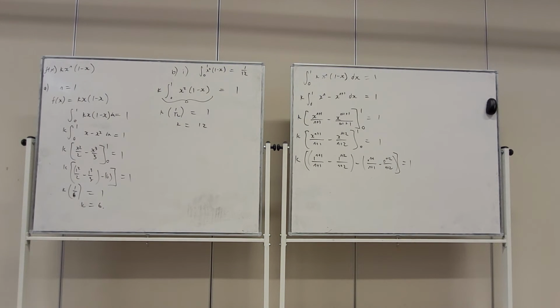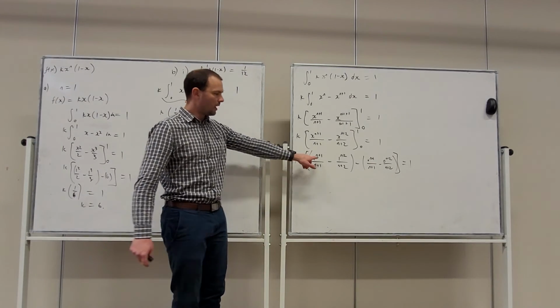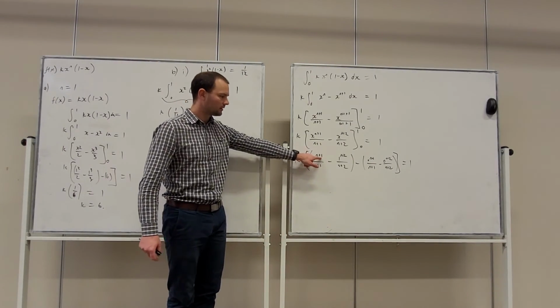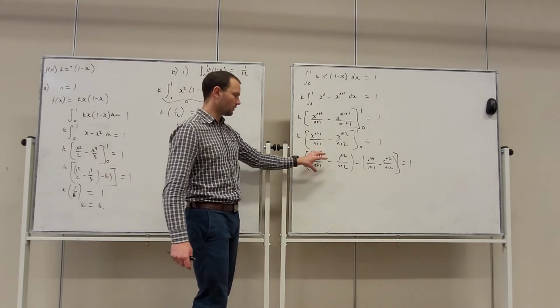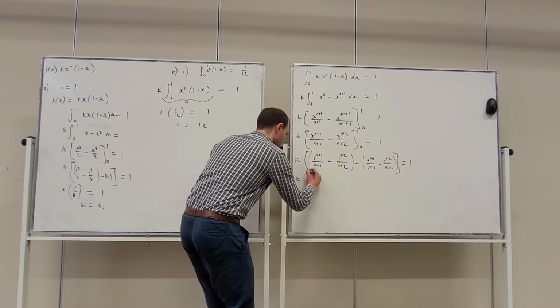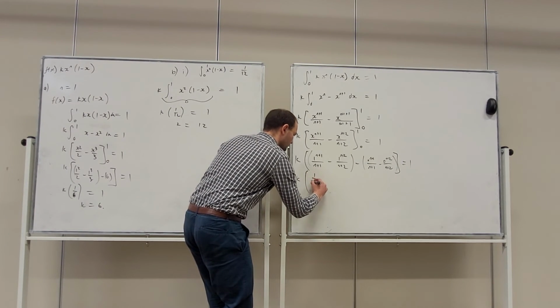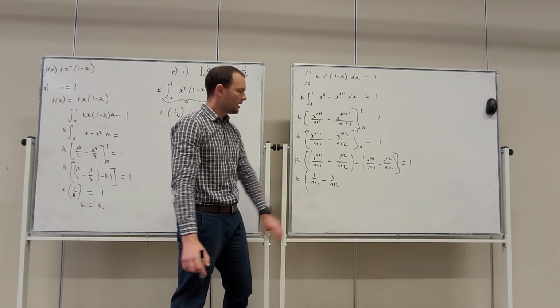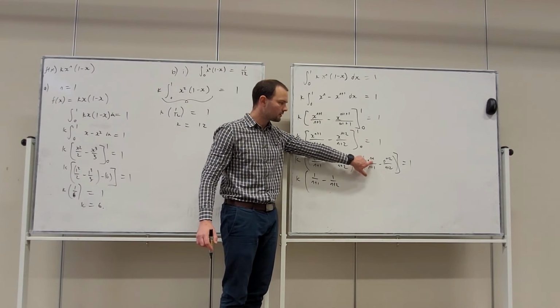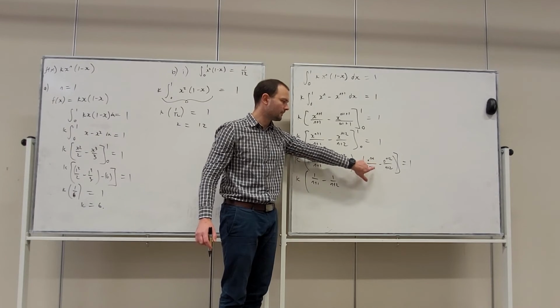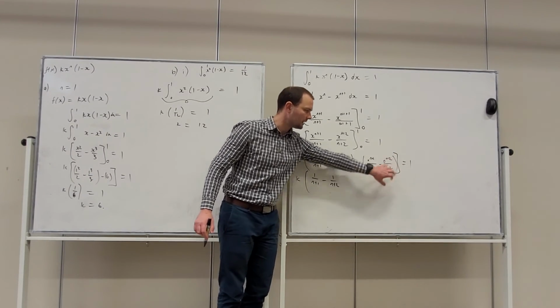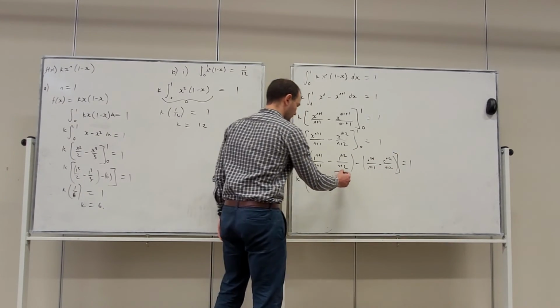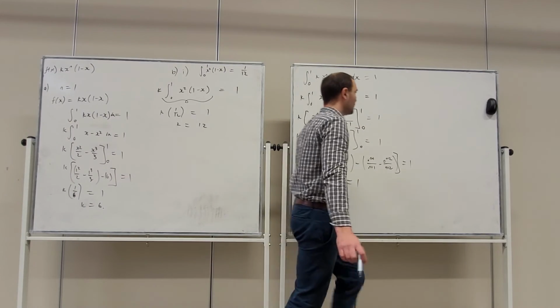We can evaluate it further because 1 to the power of anything equals 1. So this simplifies to 1 on n plus 1, take 1 on n plus 2. And then over here, 0 to the power of n plus 1 is 0, divided by that, this doesn't matter, that whole thing is going to 0. So we're left with this equals 1.